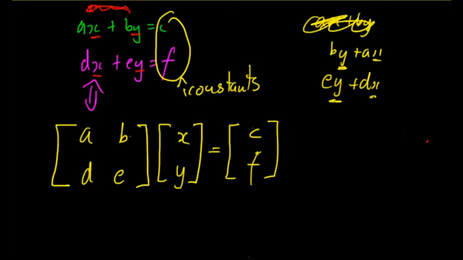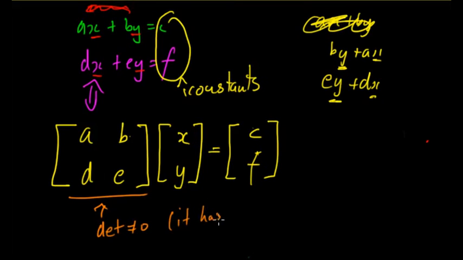Now you don't need to know too much about the technicalities, but when this matrix has an inverse, then you can cancel them out and move the inverse to the other side. And when there's an inverse, there will be a unique solution. So when the determinant is not equal to 0, it has an inverse.